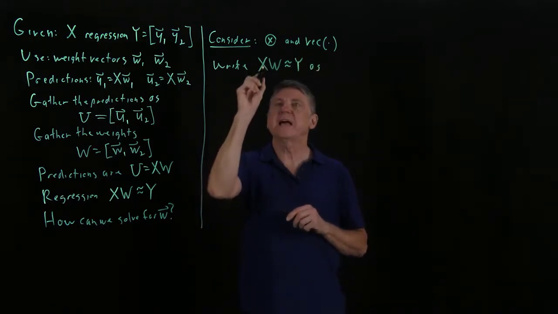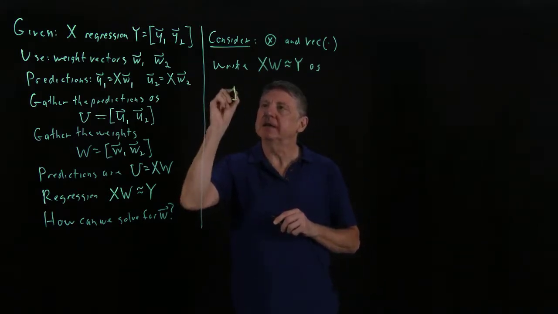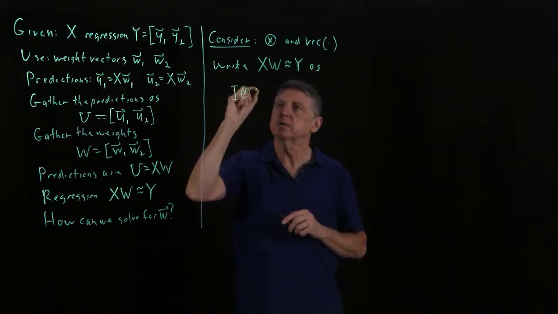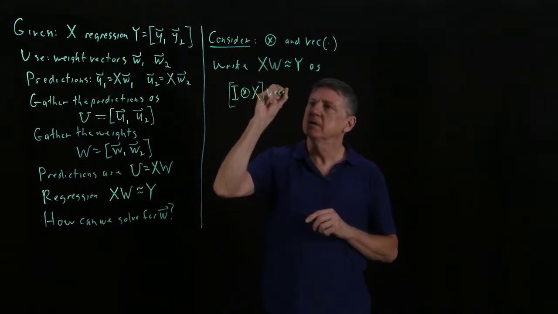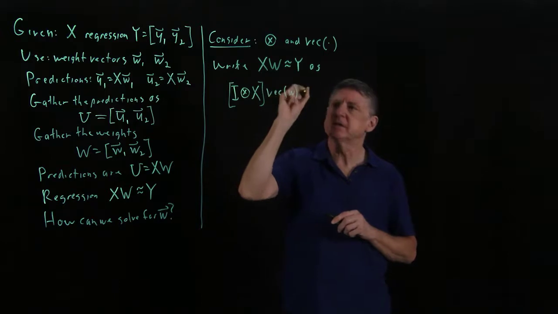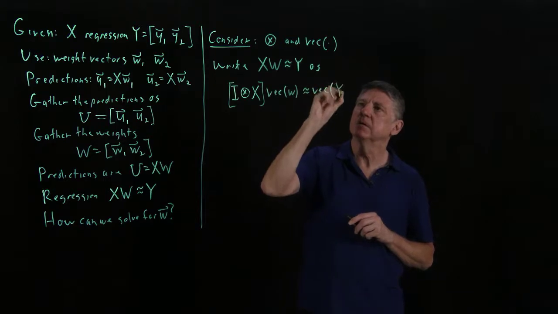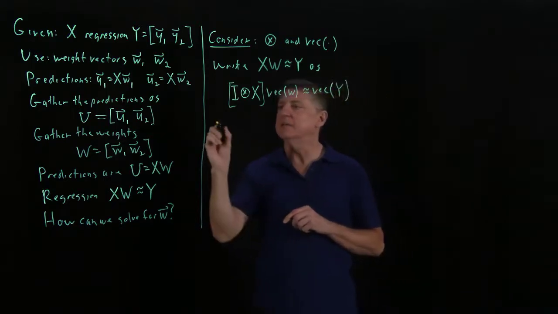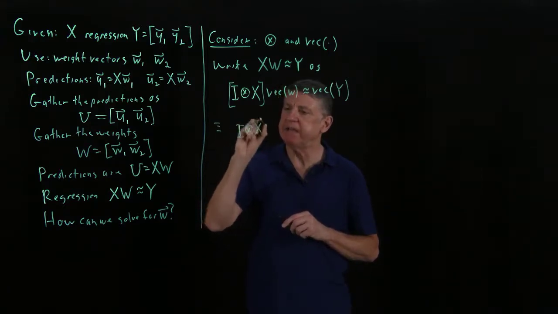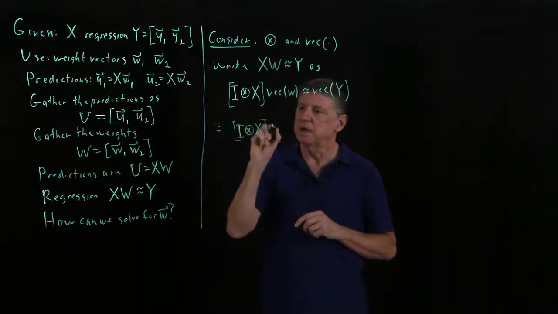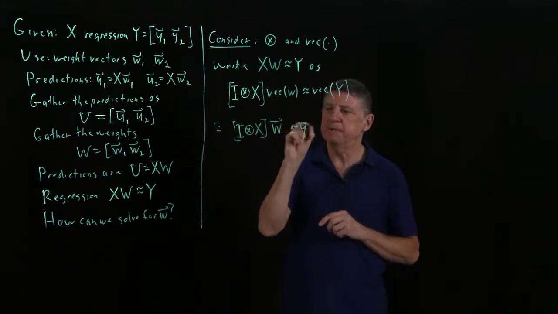We would write this as the identity Kronecker product with the design matrix times the vectorization of the weight matrix is approximately the vectorization of the regression values. And that's equivalent to saying that the Kronecker product of the identity and the design matrix times a big weight vector w is approximately equal to a big vector y.